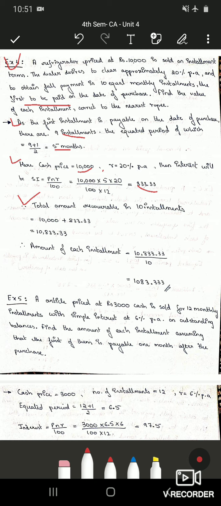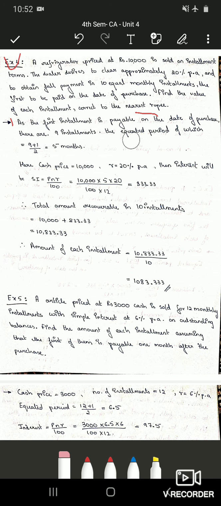So the total amount recoverable in 10 installments is 10,833.33. Therefore the amount of each installment will be the total amount divided by the number of installments, so divided by 10, it will be 1083.833, or you can approximate to the nearest rupee, so you can write it as 1083 rupees is the value of each installment.